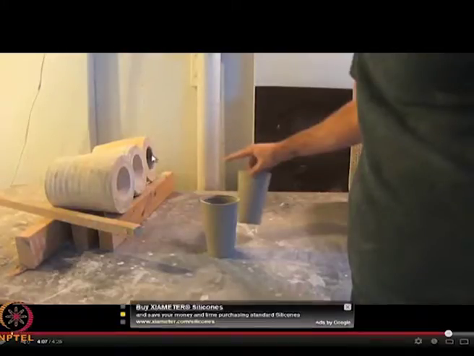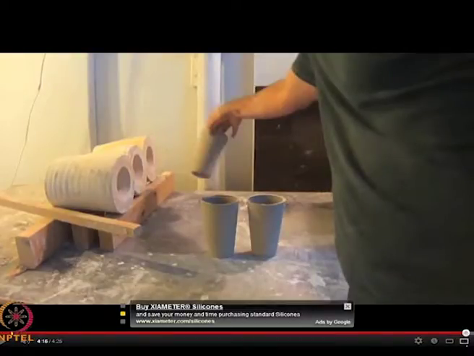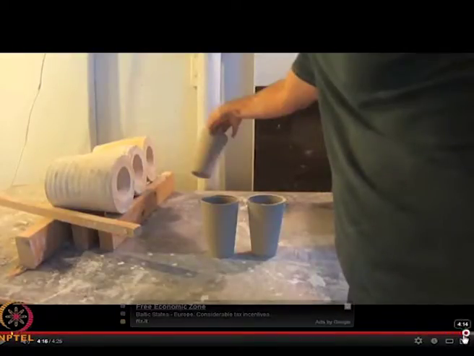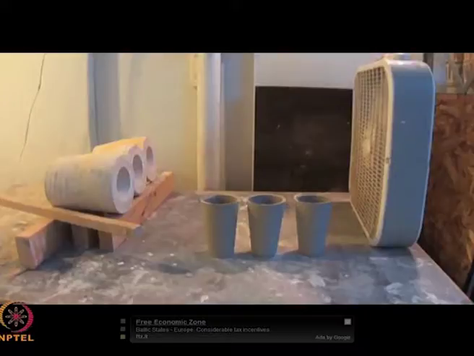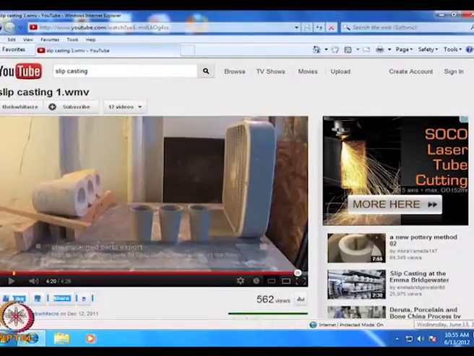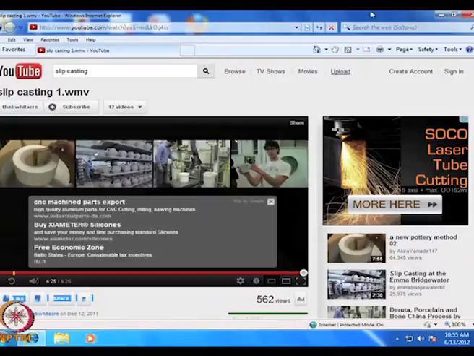The last one is yet to be taken out. So, here is the basic process where the three different materials are generated, and finally, we get these three containers by slip casting.